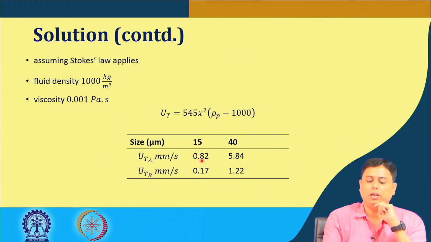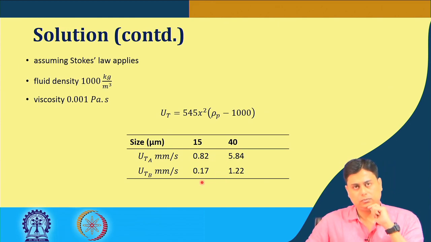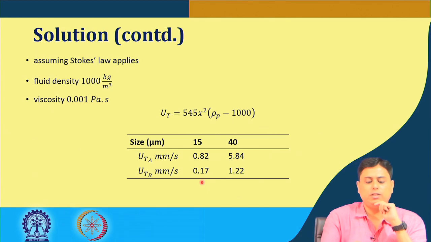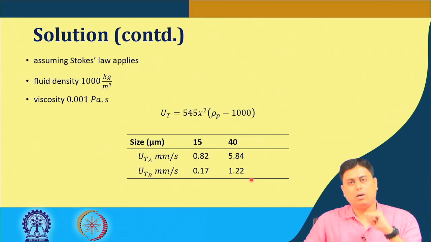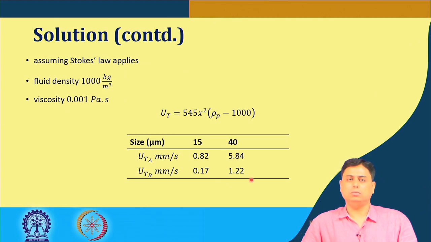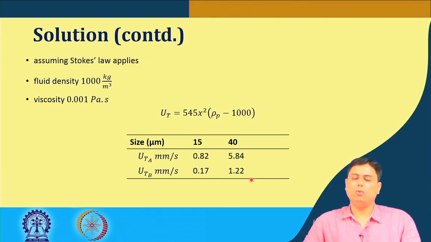This UT for the small particle comes in between, which means this 15 micron particle will come with material B, and the complete separation of A and B will not be possible since there is overlap.